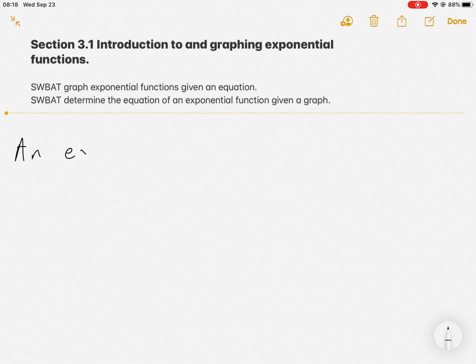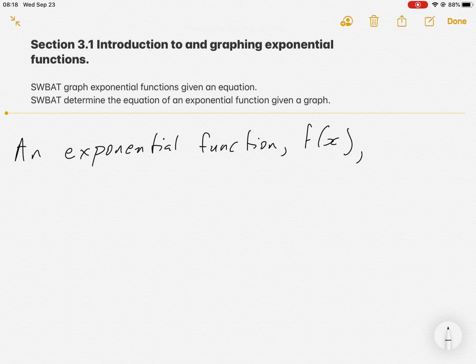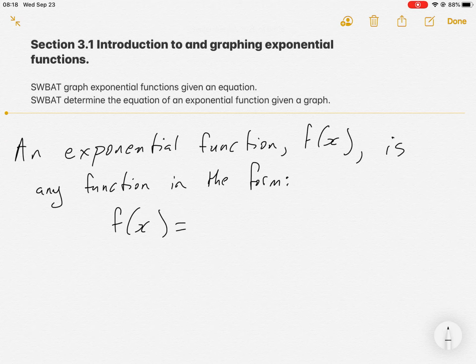So an exponential function, which I'll call f of x, is any function in this form: f of x equals a times b to the power of x.